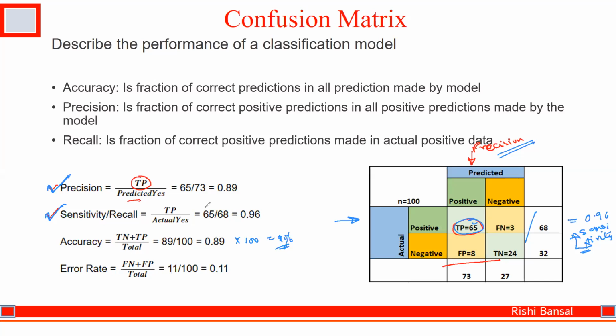Rishiji asks: precision, why are we taking only TP? It may be TN divided by predicted no. By definition it is like this, but true negative divided by predicted no, till now I have not seen that kind of term here. See, suppose in the case of diabetes, we have considered the positive class as diabetic.